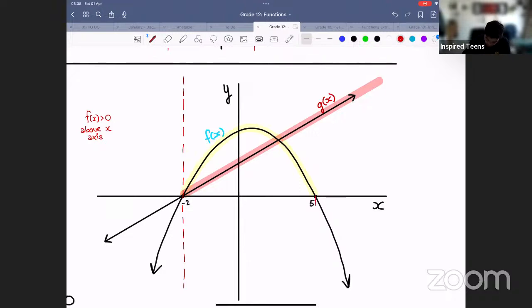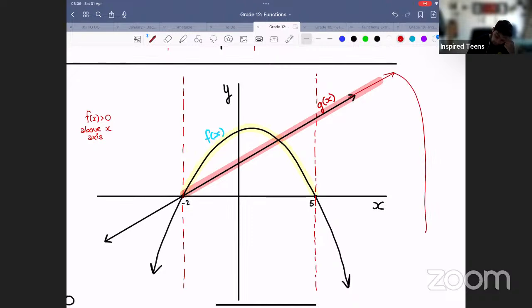Very good. Now, what's the most right value for g of x being above the x-axis? Positive infinity, correct, because this thing goes forever up.